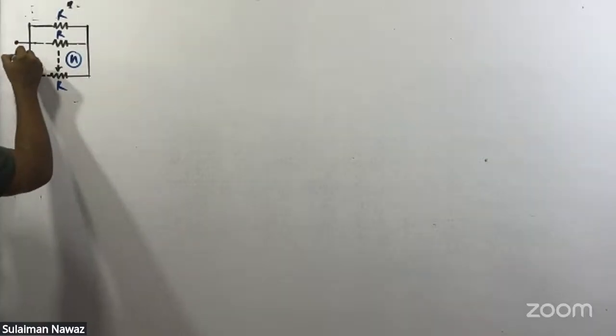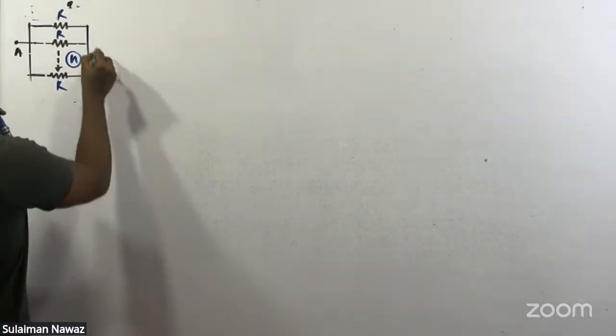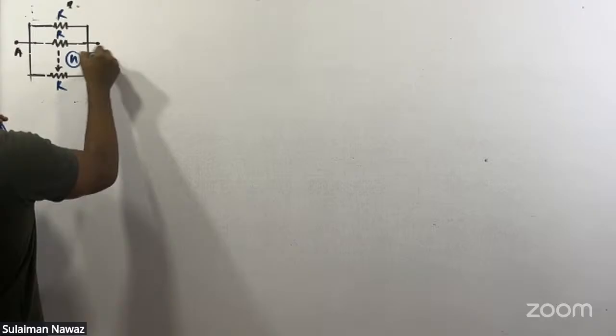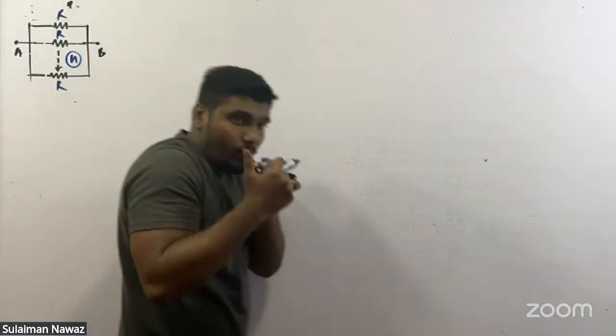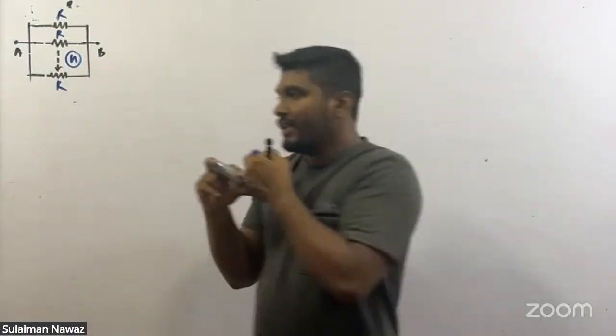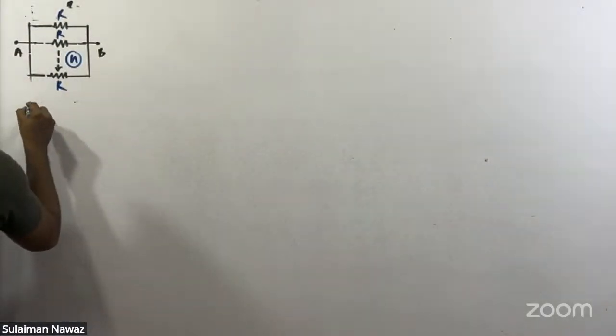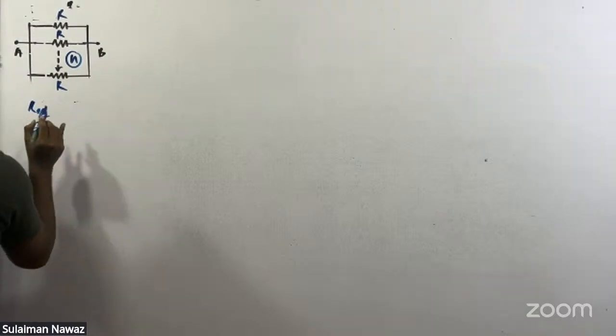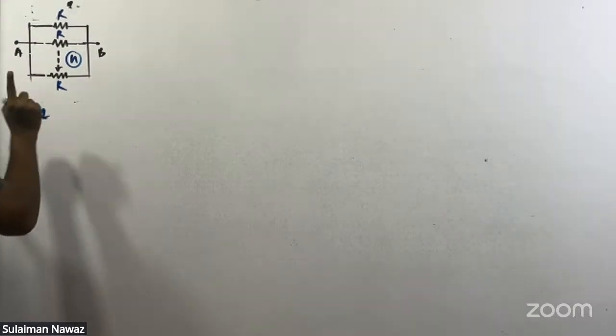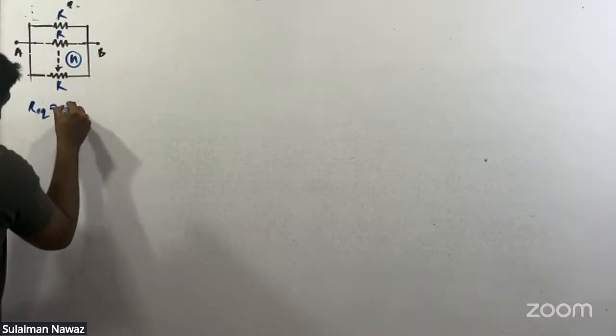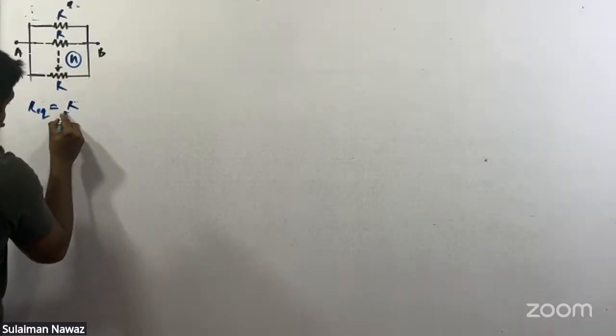This is point capital A, terminal capital B. Remember, in this case, if you want to find the equivalent resistance, it is going to be equal to the resistance of one resistor over the number of resistors.